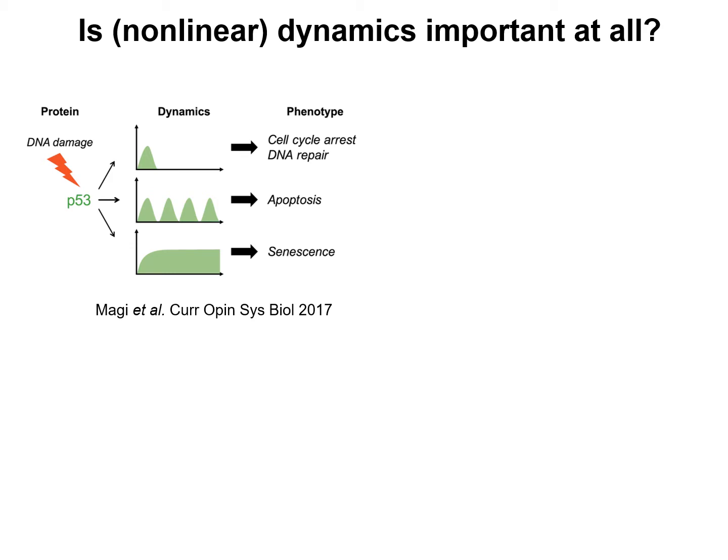In that particular case, the cell is actually able to repair the DNA, arrest the cell cycle, which means that it doesn't divide immediately until the DNA is repaired, and then carry on with its regular functions.